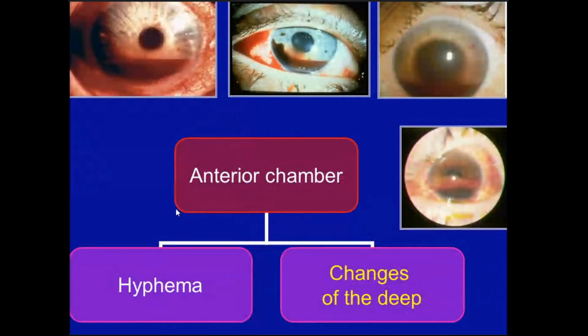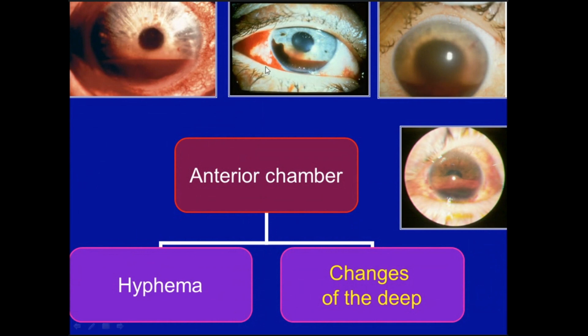Okay, go deeper, go further. We discussed changes in cornea, then go deeper, anterior chamber. Rather often in a closed globe injury, we can see hyphema or changes of the deepness of anterior chamber.